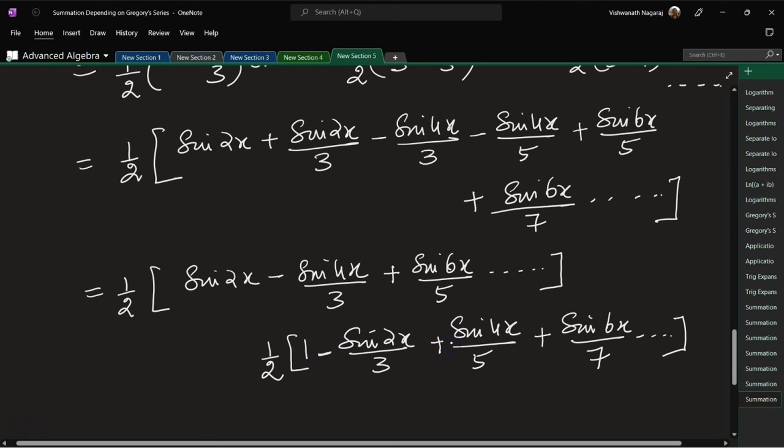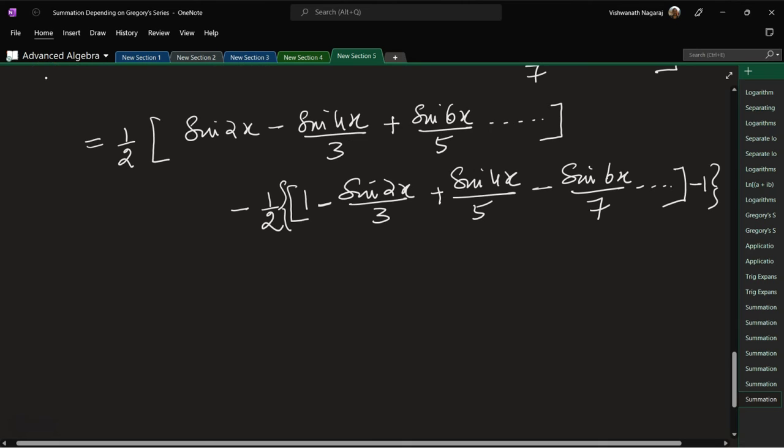That means this should be positive, and that means this should be negative. So all the signs are getting changed. Let's put a minus in the beginning. Now here we have added 1, so minus 1, right?